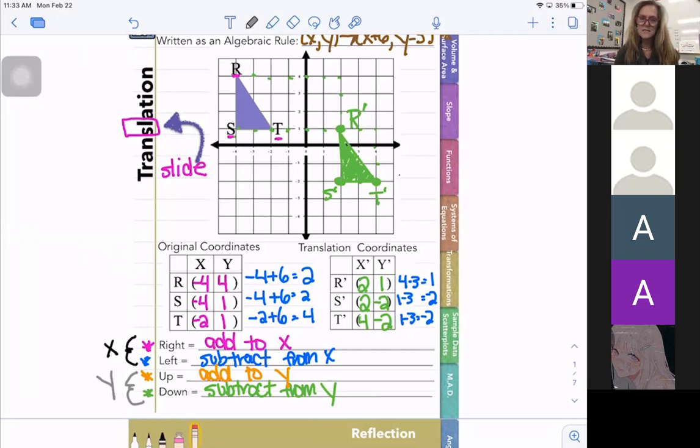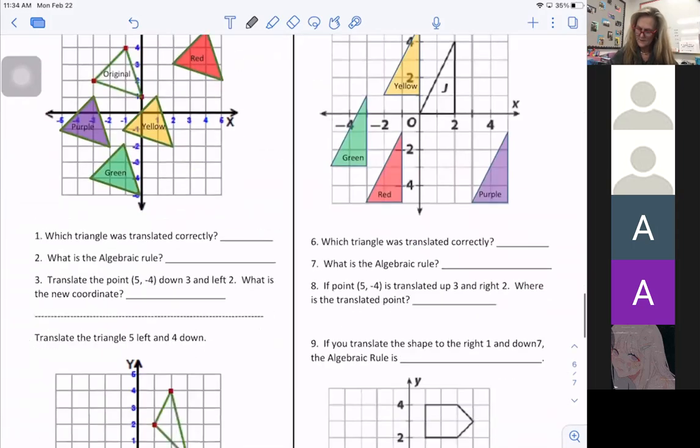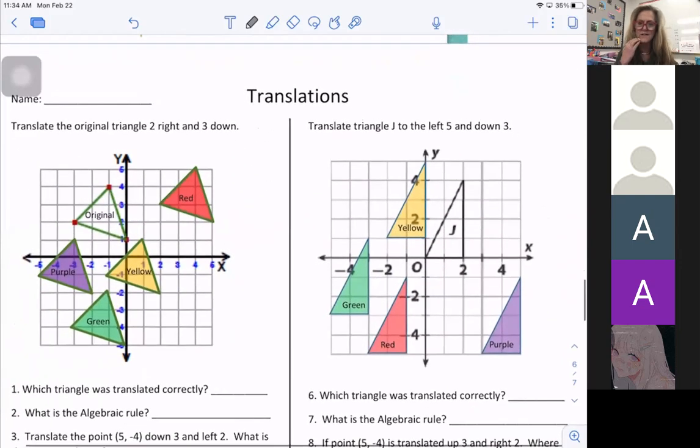Okay. So we're sliding. All right, everyone, questions so far? Anybody not with me so far? Okay, go to your assignment that you dumped into Notability. It says translation. Uh-oh, who left? Who did I lose?